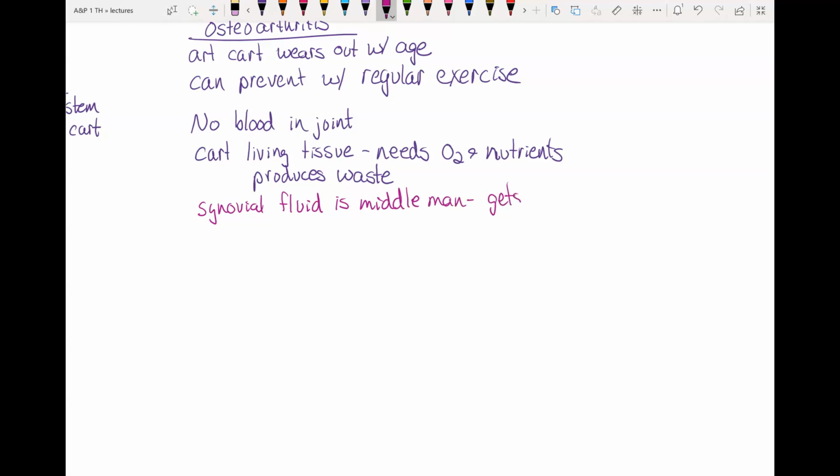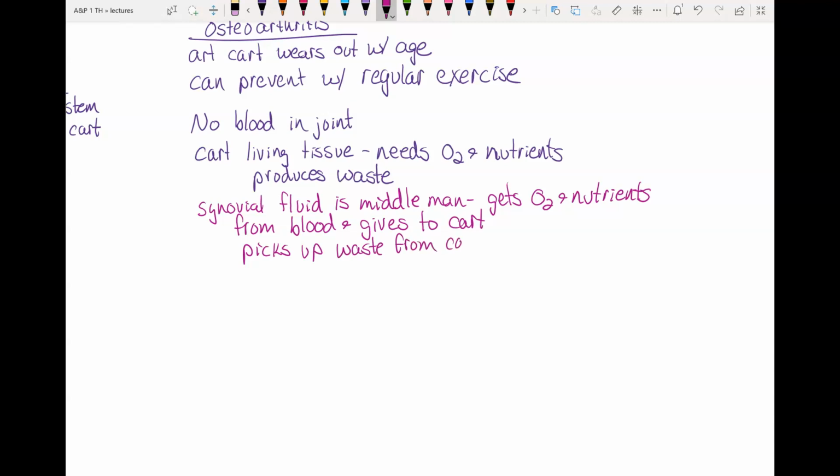So it gets oxygen and nutrients from the blood and gives to the cartilage. And then it also picks up the waste from the cartilage and takes it to the blood.